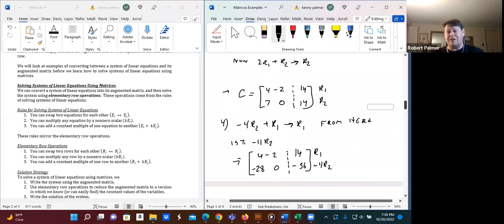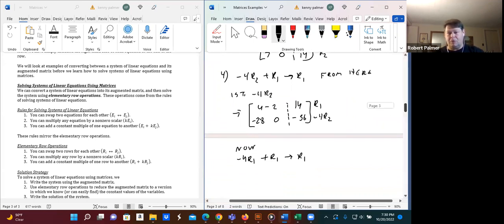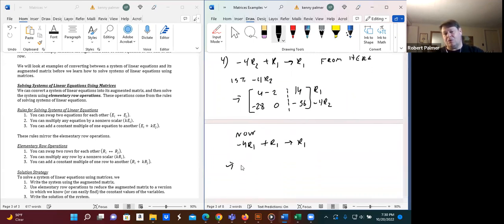And now let's do that second step. Now what we're going to do from here is take -4 row 2, which is right here, and add that to row 1, and that's going to become my new row 1. Okay. So add these together. My new row 1 is going to be -28 and 4 is -24. 0 and -2 is -2. And then -56 and 14 is -42.